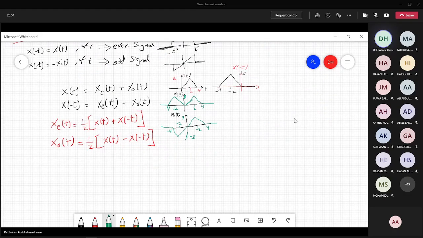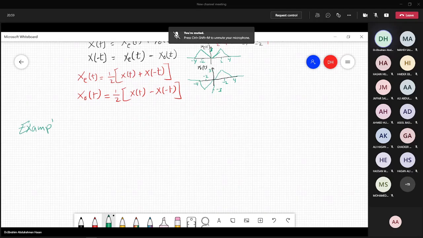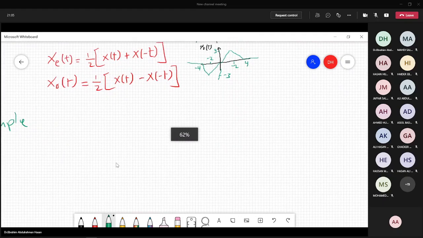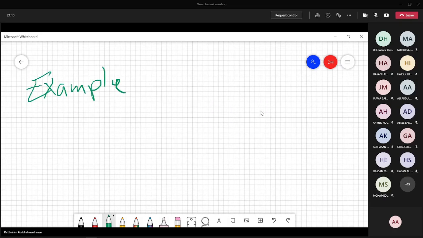Okay, so let me take another example. x of t equal to e to the power of minus 2t cosine of t.